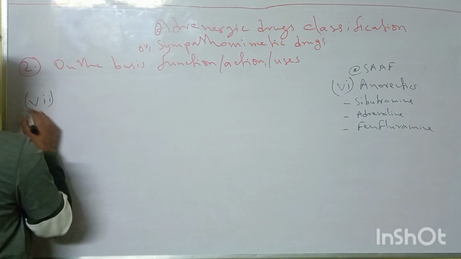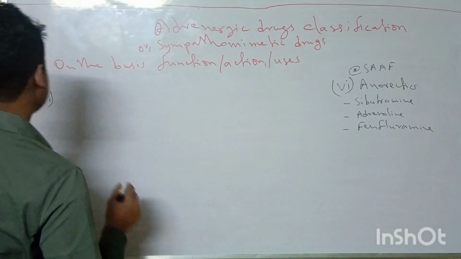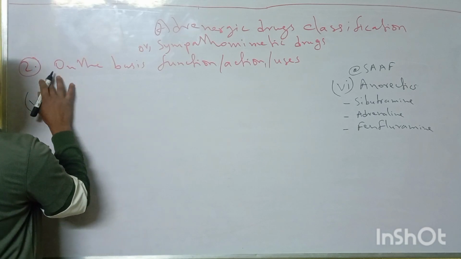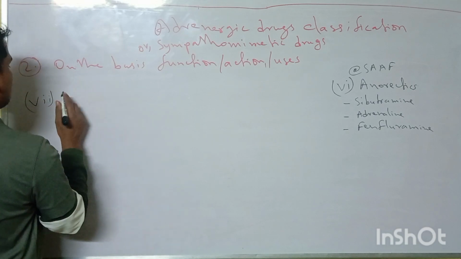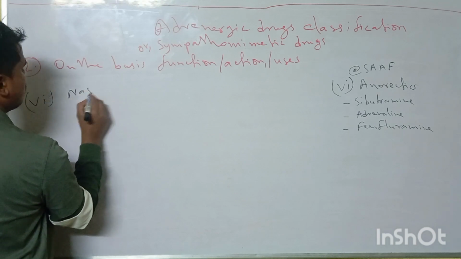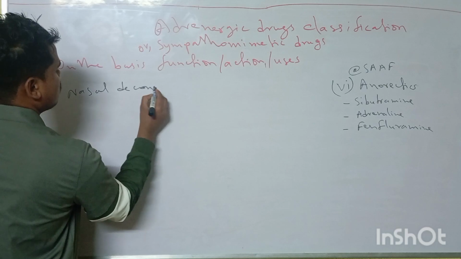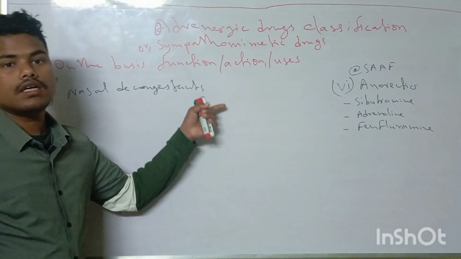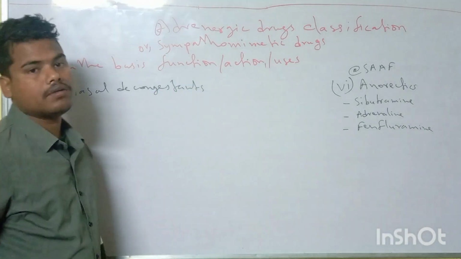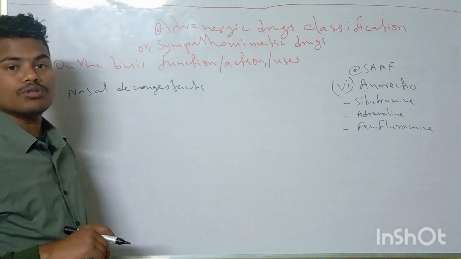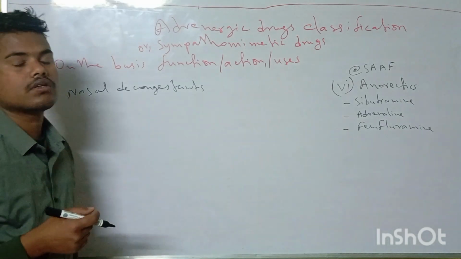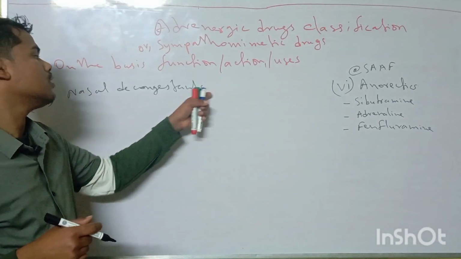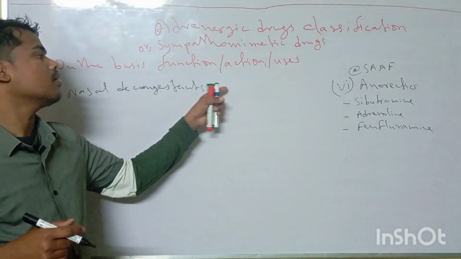Number 7 will be nasal decongestants. These drugs will be used in nasal congestion that is caused by rhinitis, sinusitis, inflammation or infection of the upper respiratory tract that causes inflammation of this respiratory tract and hinders normal respiration.